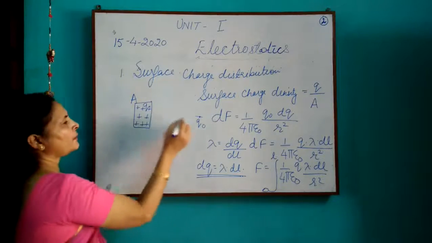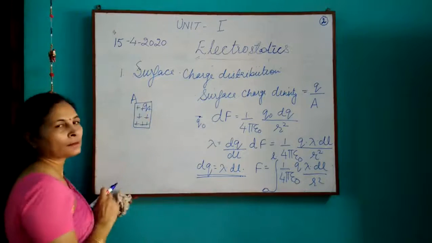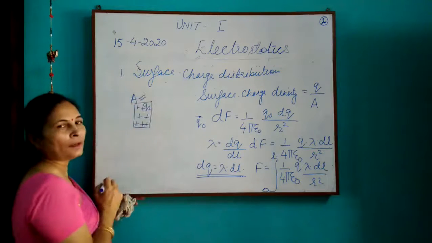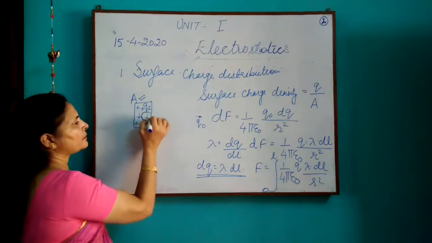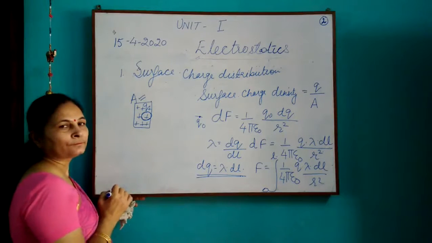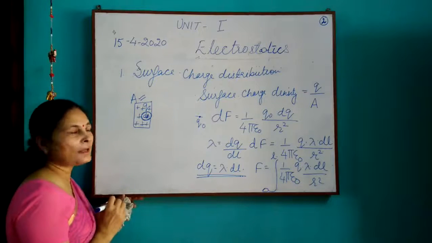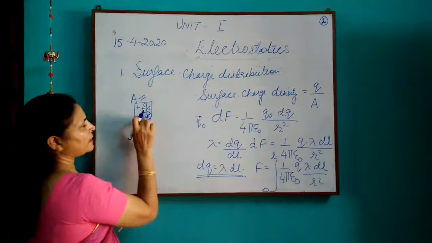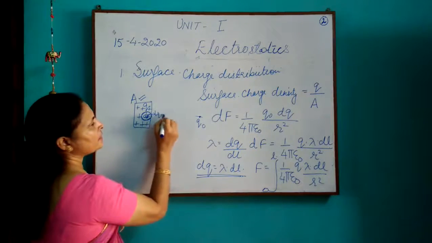And I want to find out the force on charge, say Q naught, because of this surface charge, which is Q over a given area A. Again, what we are going to do is consider a small surface area, say dA, which can be considered as a point charge, and the charge contained in this small area will be dq.